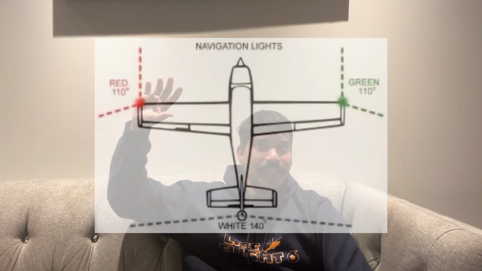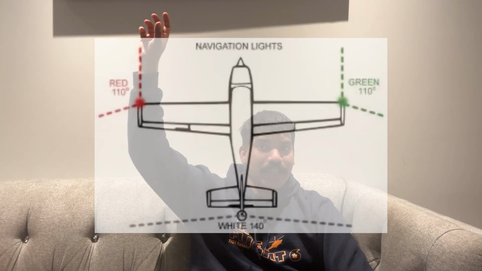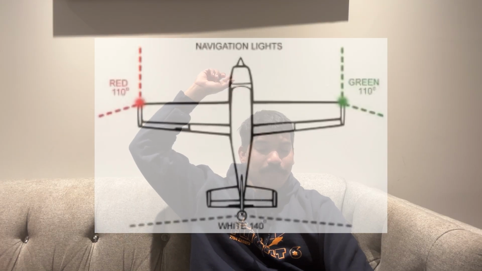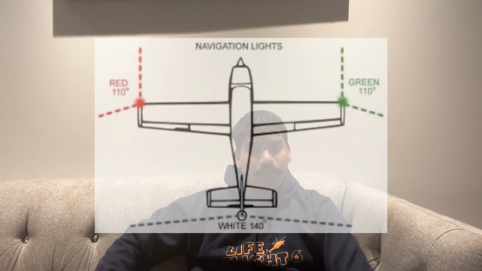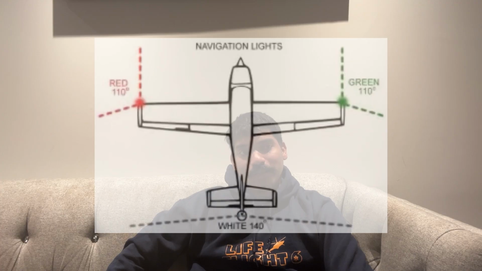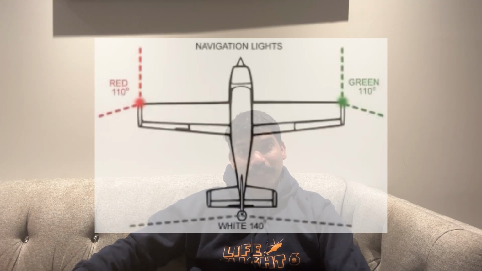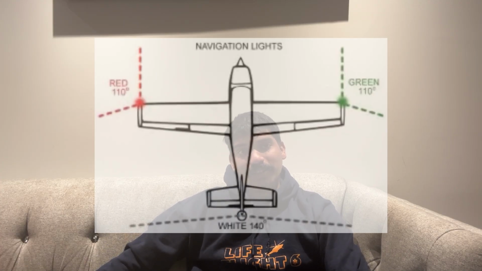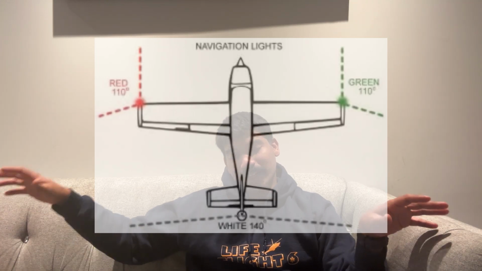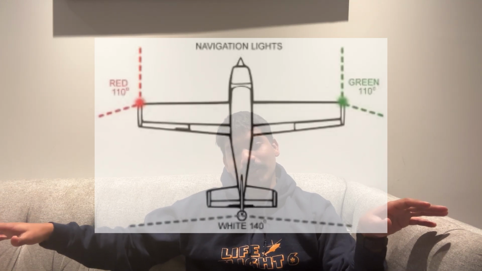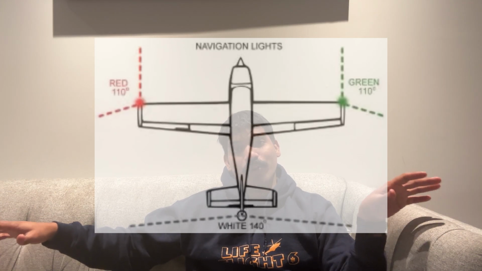And anti-collision lights in many aircraft are on the top of the tail and on the bottom, on the belly of the aircraft. But I'm talking about navigation lights. On the right side it's always green, and on the left side it's always red.